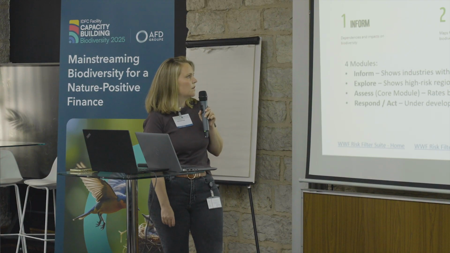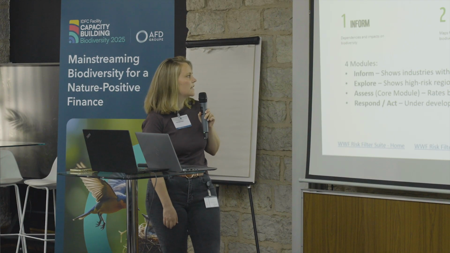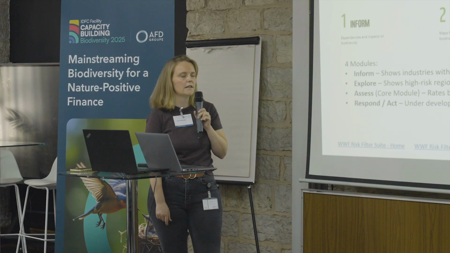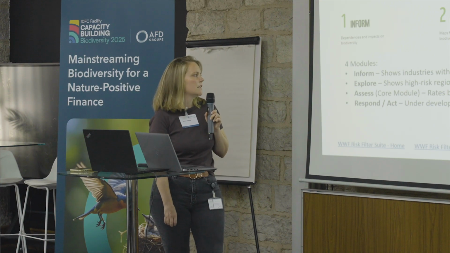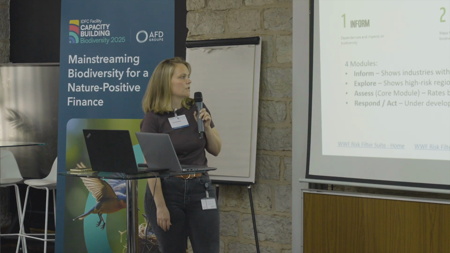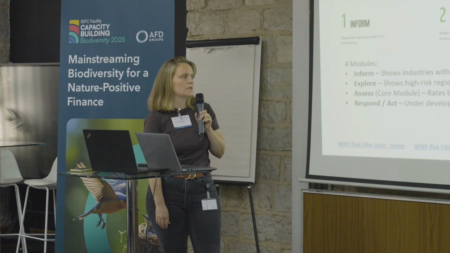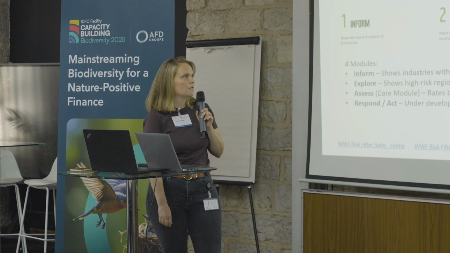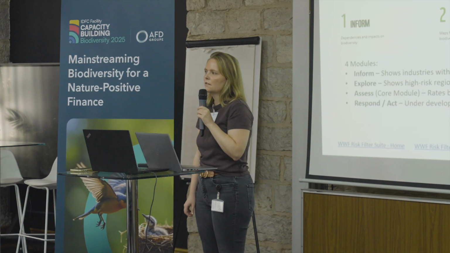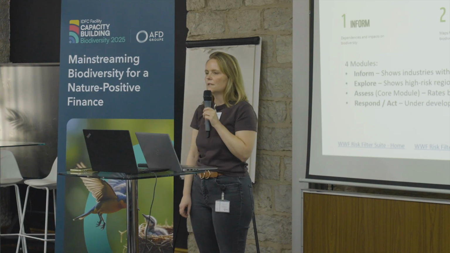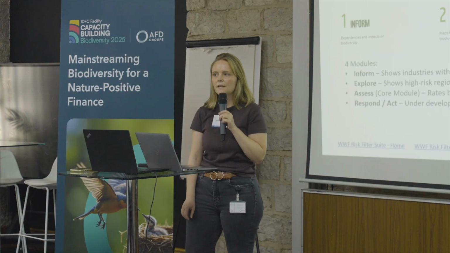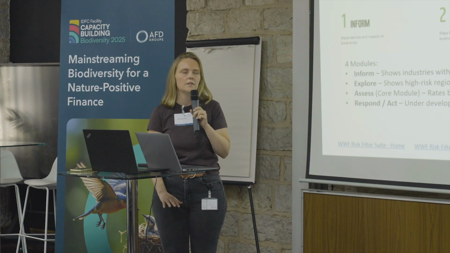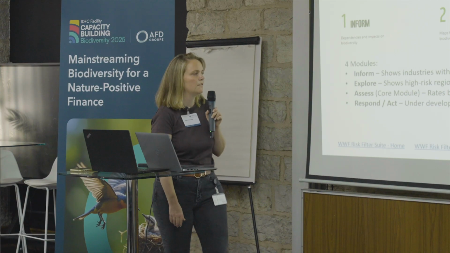There's also a 4th module, the Act module. This is still under development, and this will later support identifying actions for risk mitigation. On Thursday Jochen Grimphoff from WWF is coming, and he will add a little bit on that and on what's still under development.